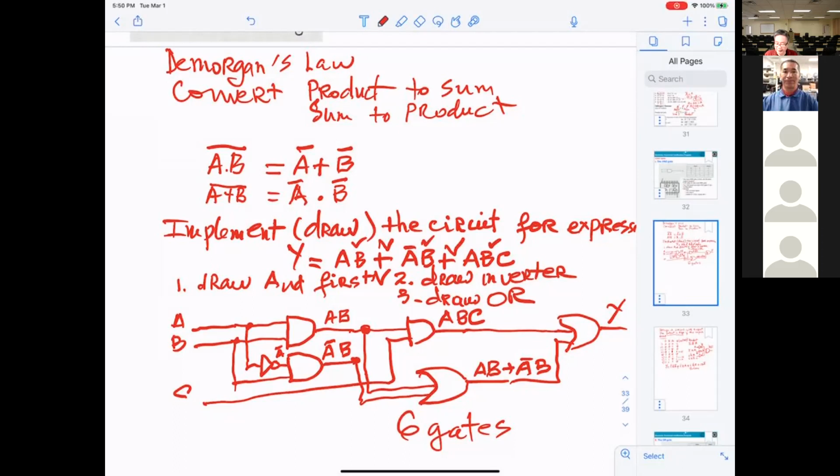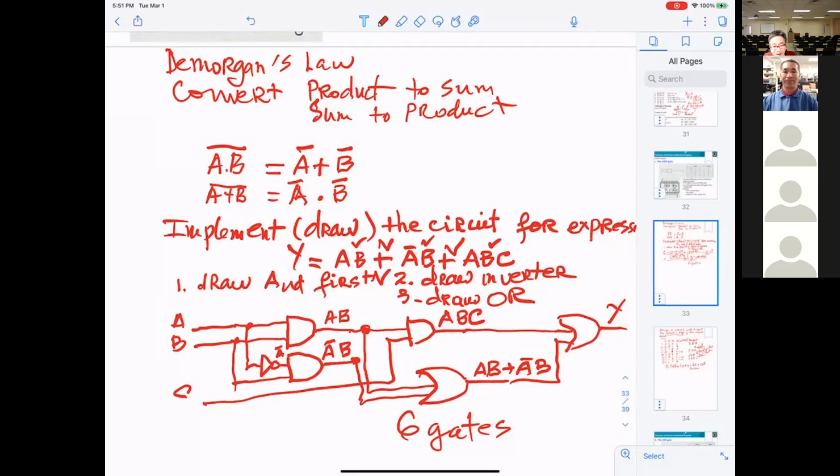That's what I will teach you, how to do it. K map will be easier in order to simplify the circuitry. They want the same output, but they want a minimum number of gates.